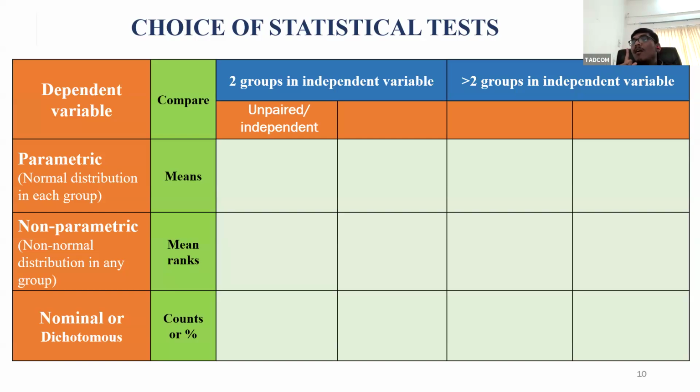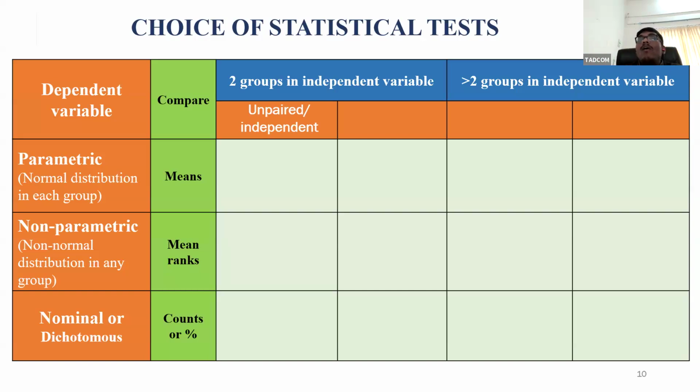First point is what is our dependent variable, whether it is continuous or categorical. Second point is how our dependent variable is distributed, whether it is normally distributed or not normally distributed. Third point which we take into consideration is how many groups there are in the independent variable, whether we have two groups or more than two groups. Next point we consider is whether we are using a paired observation or an unpaired observation.